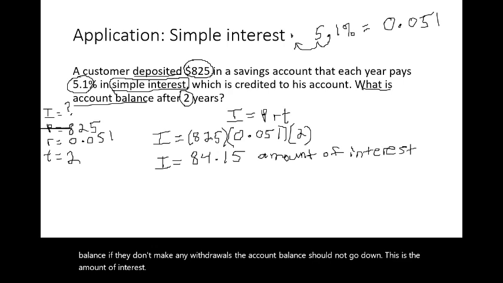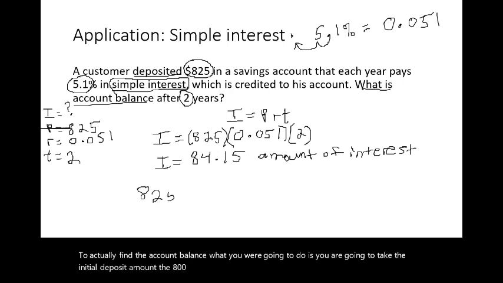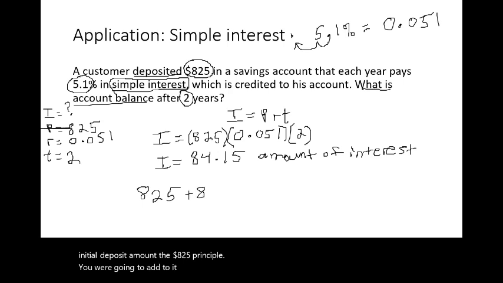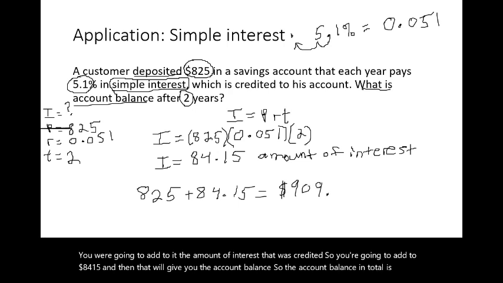To actually find the account balance, you are going to take the initial deposit amount, the $825 principal. You are going to add to it the amount of interest that was credited, so you're going to add to it $84.15, and then that will give you the account balance. So the account balance in total is $909.15.